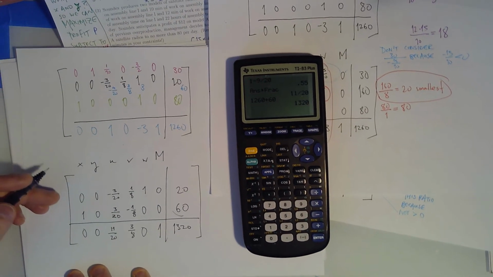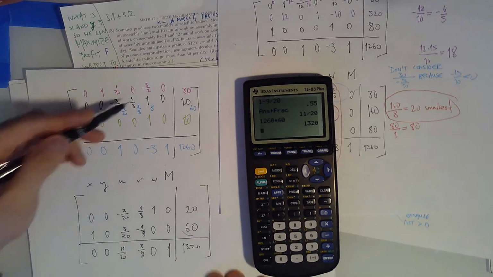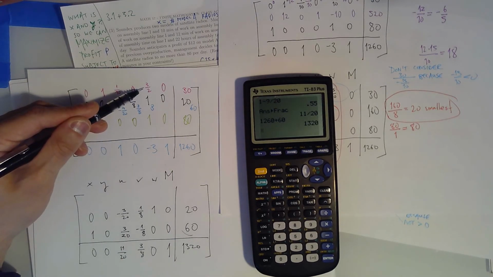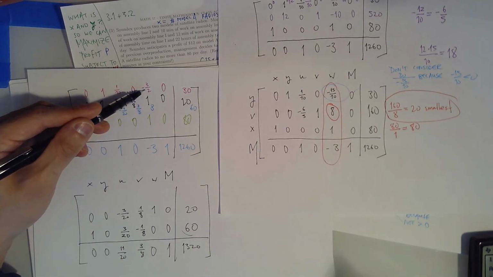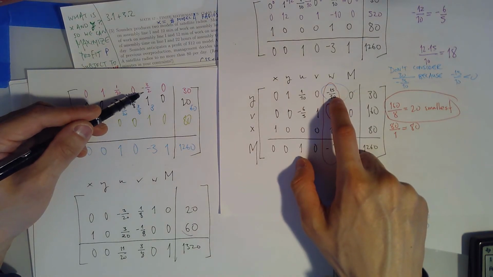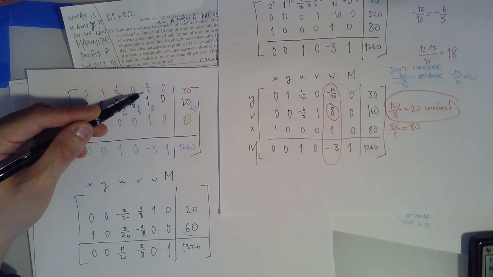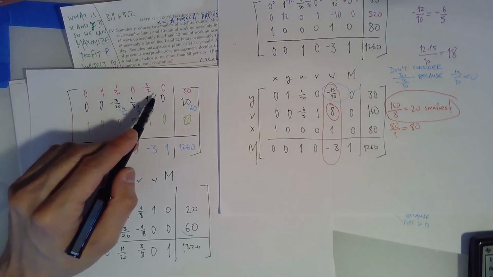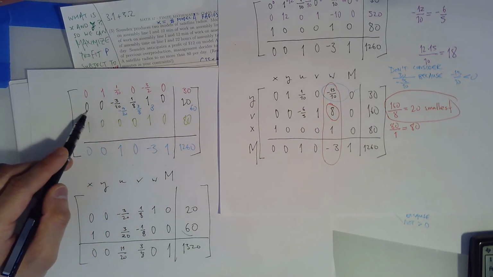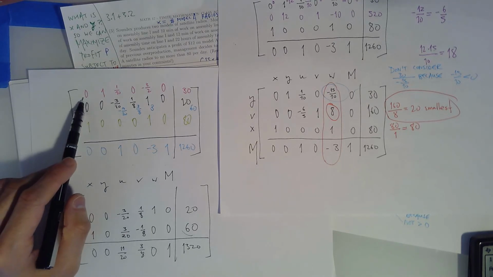Okay, so to get the last row here, we need to make this -3/2 a 0. So we're trying to pivot here. We need to make this a 0 here. So the option that we have is just to multiply this row by +3/2 and then add it to the pink row.